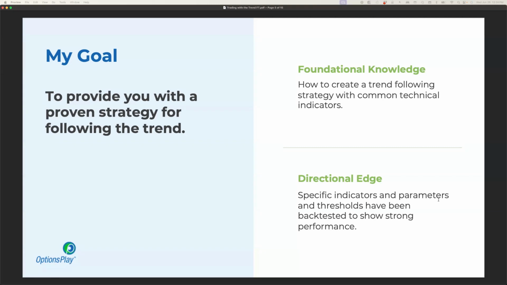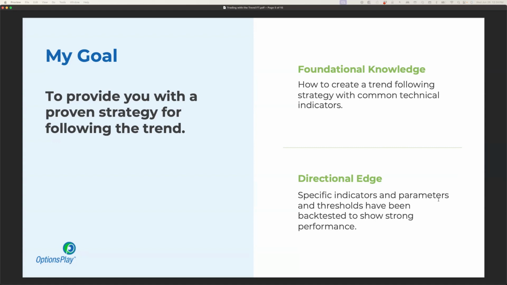So we're going to start off with the foundational knowledge: how to create a trend following strategy using common technical indicators. This requires just a basic understanding of technical analysis. And even if you're just starting out, I'll explain exactly which indicators and which parameters I use if you want to replicate this on your own.